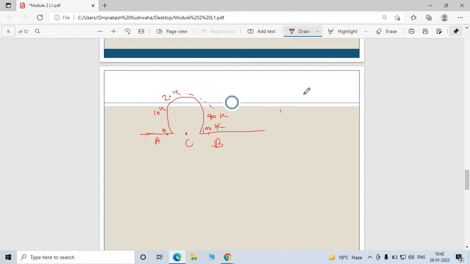So what is happening here, this whole thing is the resistance wire. Okay, so here terminals A, B, and the mid terminal is C. This is 0 to 100K.